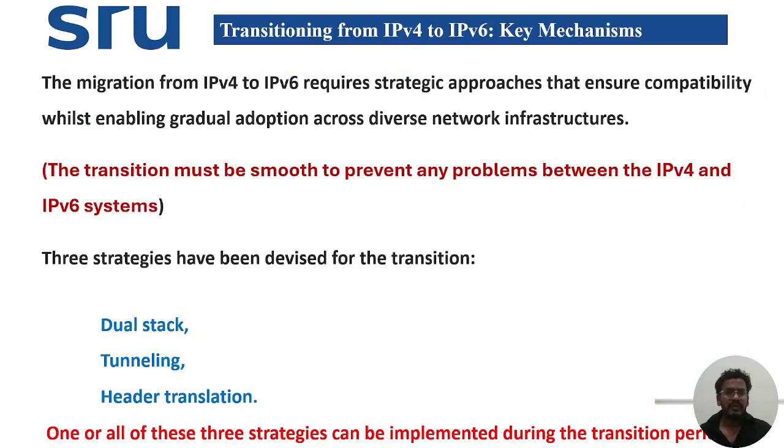Then the transition from IP version 4 to IP version 6, the key mechanisms. What are the key mechanisms while shifting from IP version 4 to IP version 6?